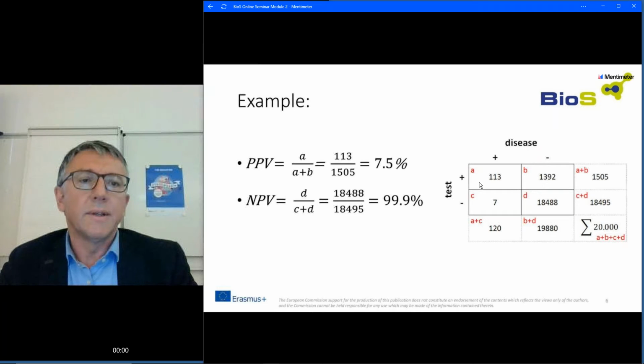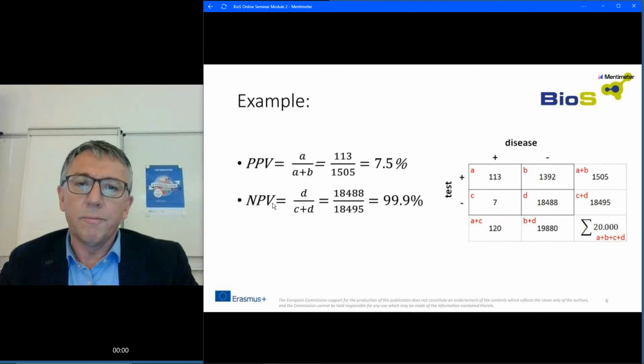So 113 have been tested positive and have the disease. However, 1,392 have been tested positive but don't have the disease. And the total number of women being tested positive is 1,500. So the positive predictive value is actually 7.5%. This is the probability of having the disease if being tested positive.